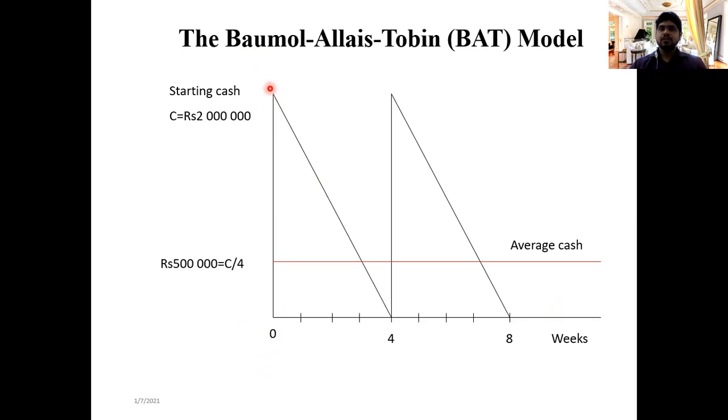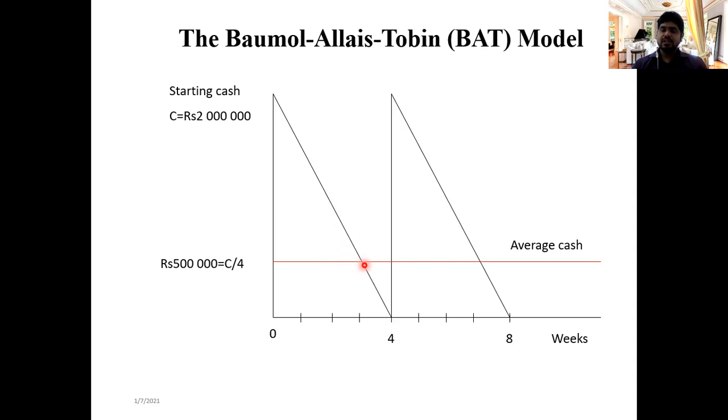We start with the 2 million point. When time passes, we are using cash, and step by step, the cash balance reduces, and it will reach a point where we start to trade.